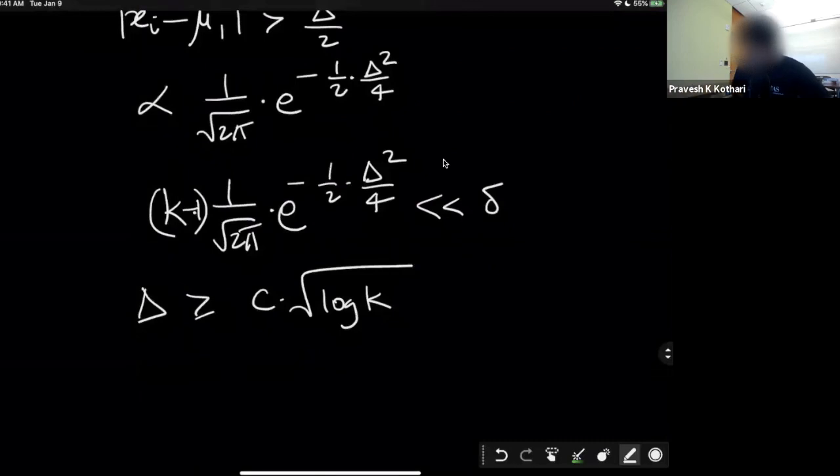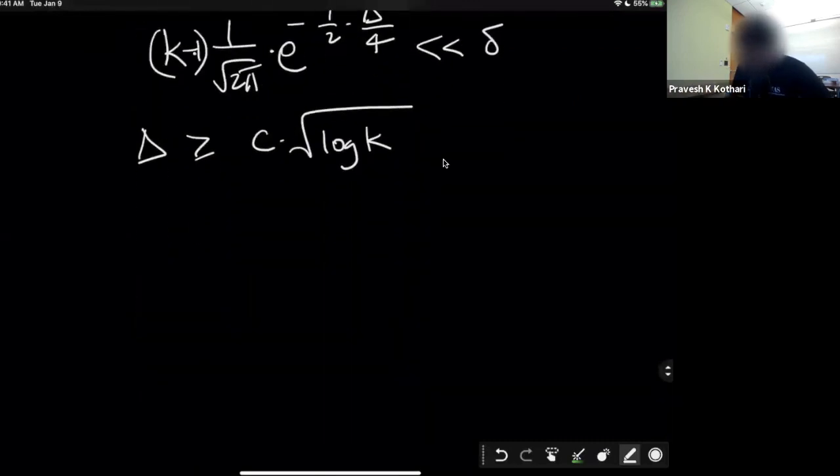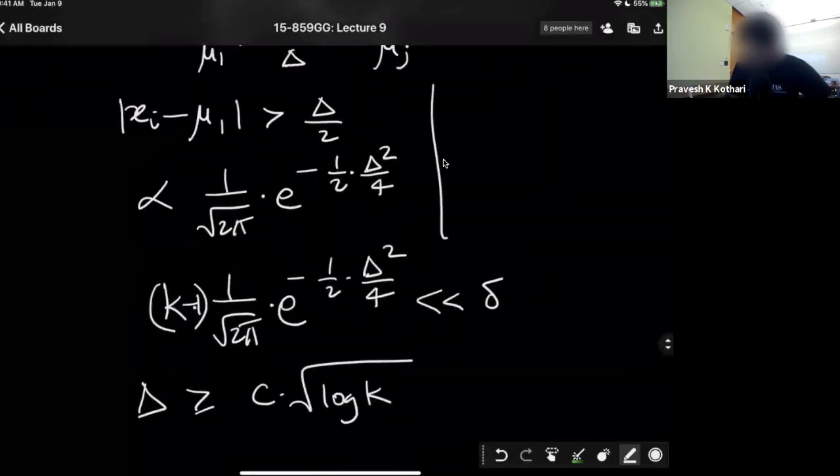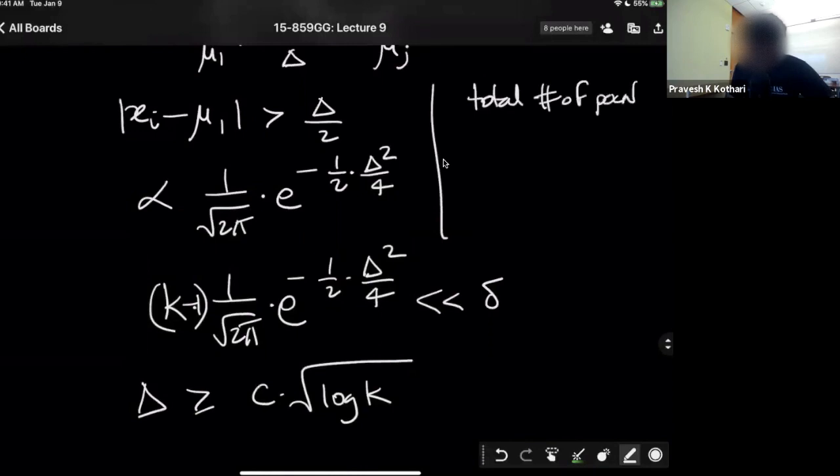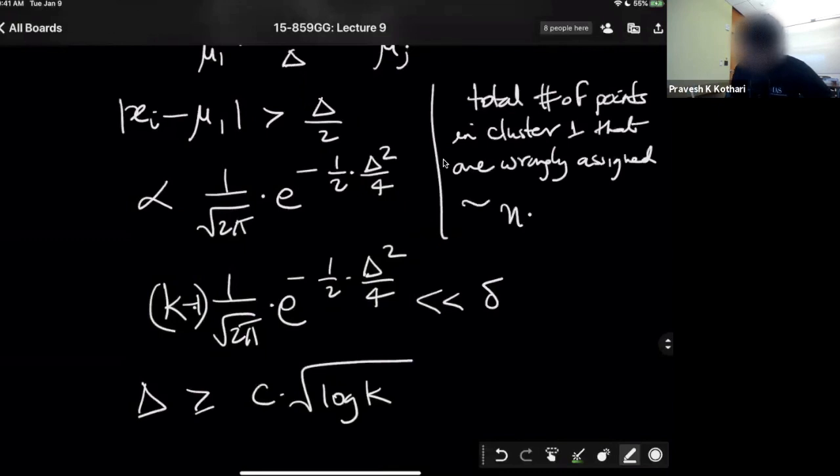If you do this per point argument, then let's see, the total number of points in cluster 1 that are badly assigned is n times e to the minus delta squared over 8, up to some constants, correct?